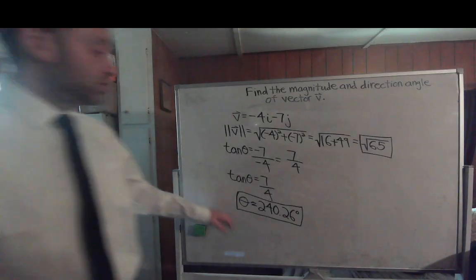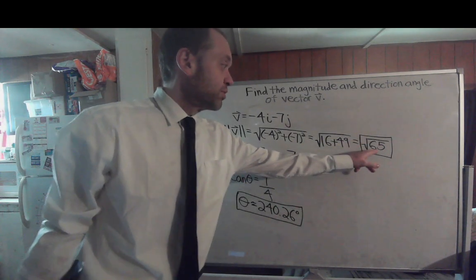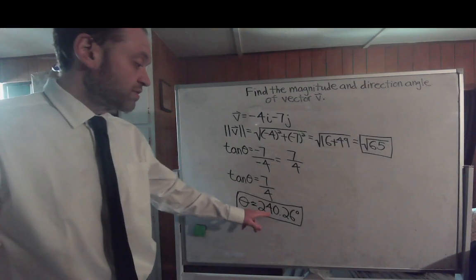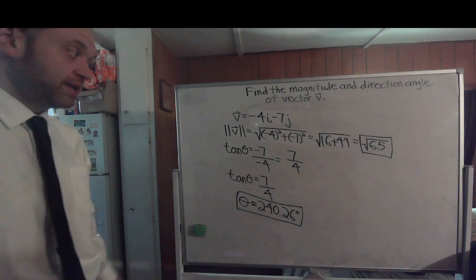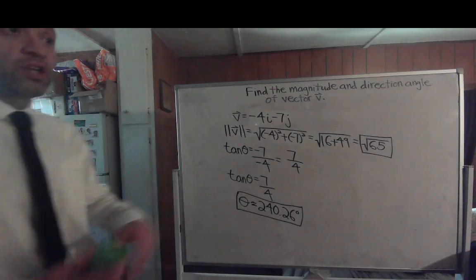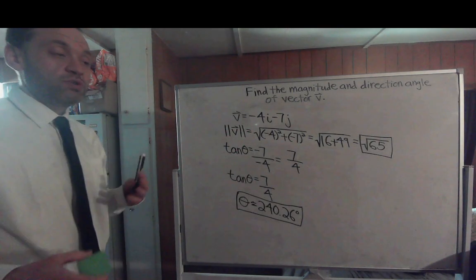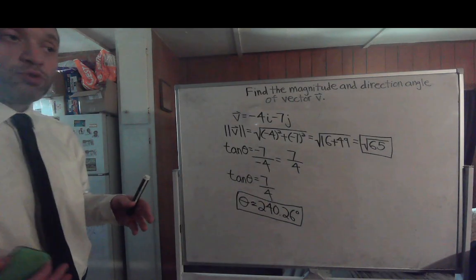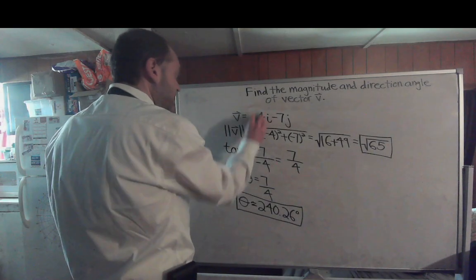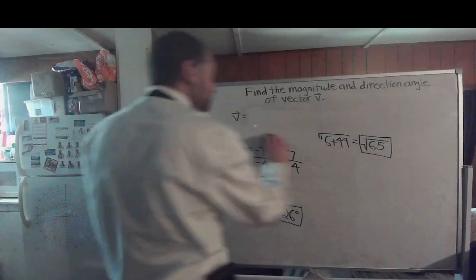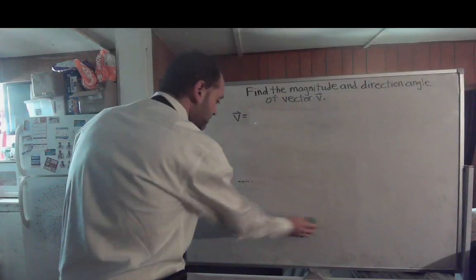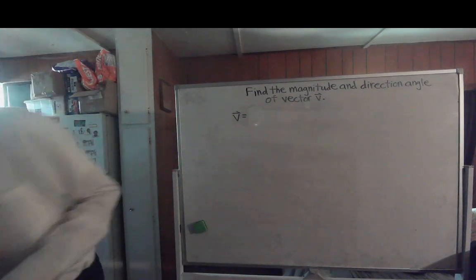So the magnitude of this vector is going to be the square root of 65. The direction angle for this vector is 240.26 degrees. And again, you have to bear in mind what quadrant you would be in, because we're going to assume all of these vectors' initial points as starting points at the origin. So that's probably the best way to do it. Got 2 more of these, then we got other types to do.